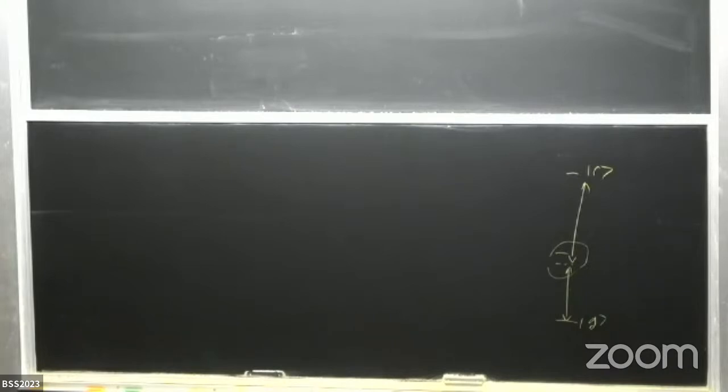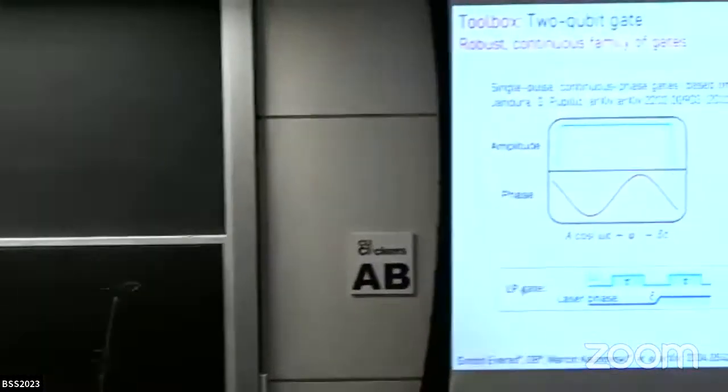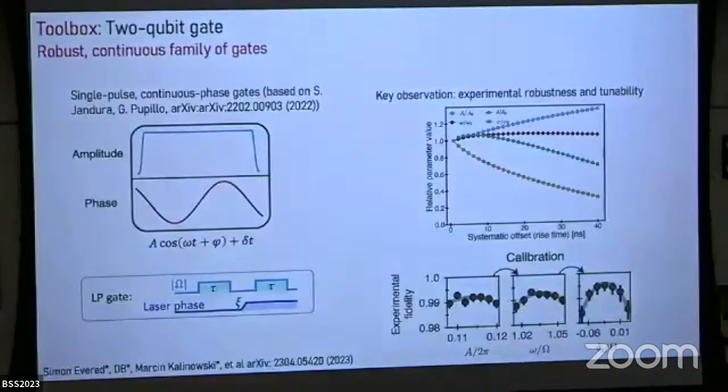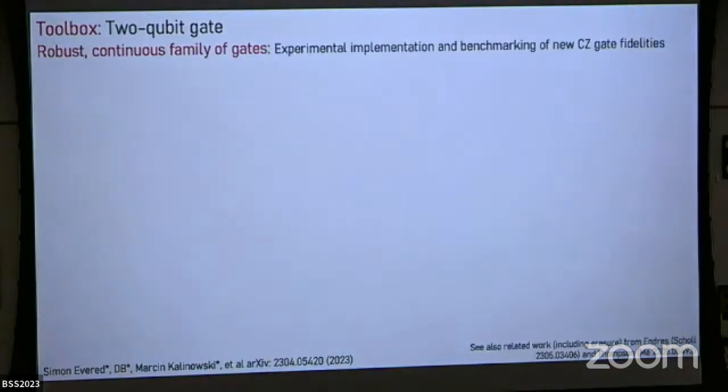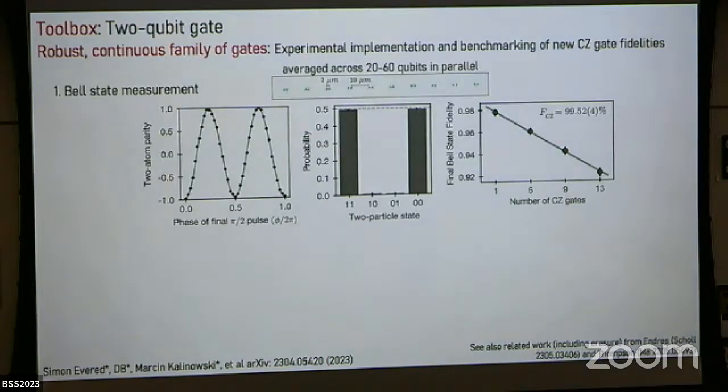Anything else here? Okay. So this was the idea of this new protocol for the gates. And let me show you the results that are very recent. These are just a couple months ago. Here in the experiment, to benchmark the fidelity of the new CZ gate, we did two different things. The first one was to prepare a Bell state using the CZ gate.